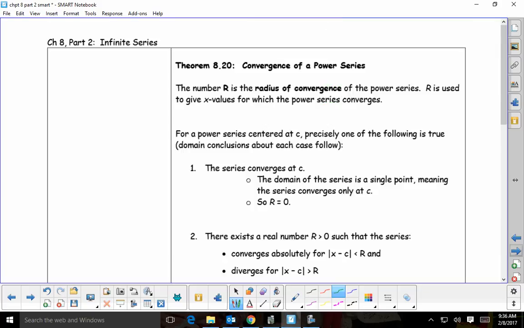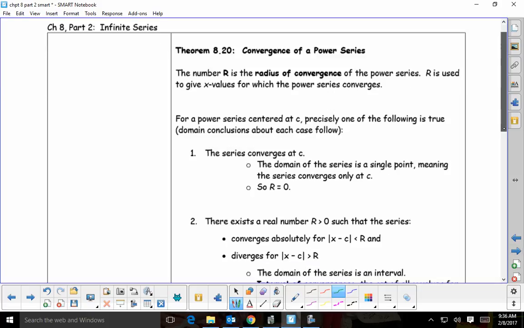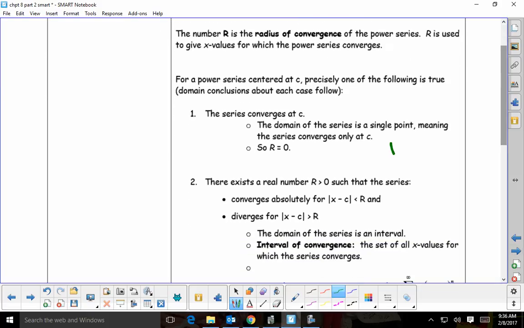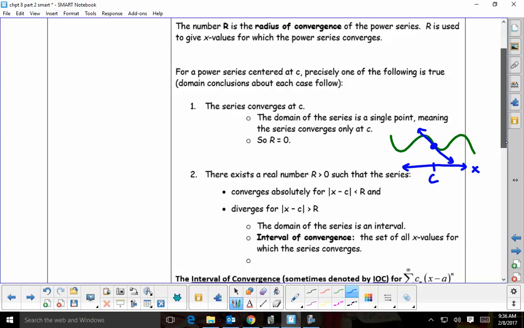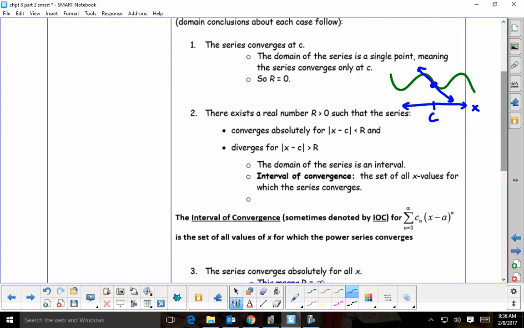And we said 3 things could happen. So again, like let's say that I had this function, and this is maybe where I'm centered, we may only converge at that c value. So this is like my x-axis. That's a possibility, no matter how long I went. Okay, we could have something like this.